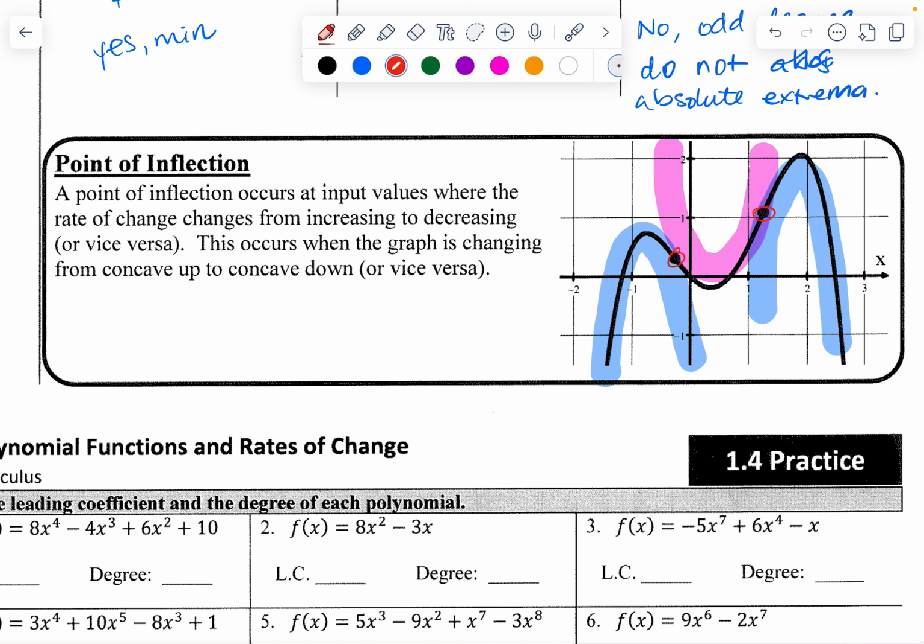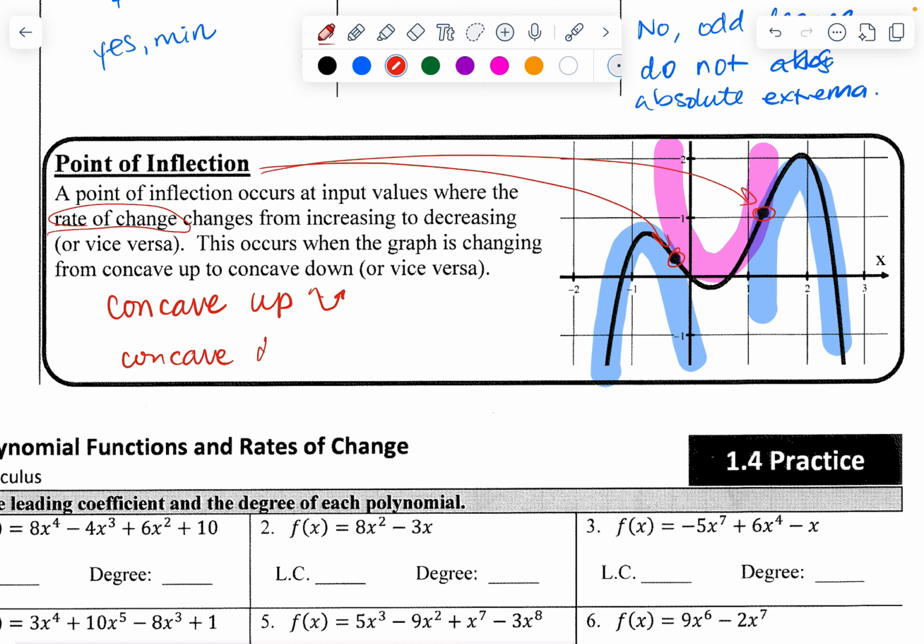So we know these are points of inflection where the concavity changes and where the rate of change changes from increasing to decreasing or decreasing to increasing as well. So remember, concave up looks like a cup, and concave down looks like a frown.